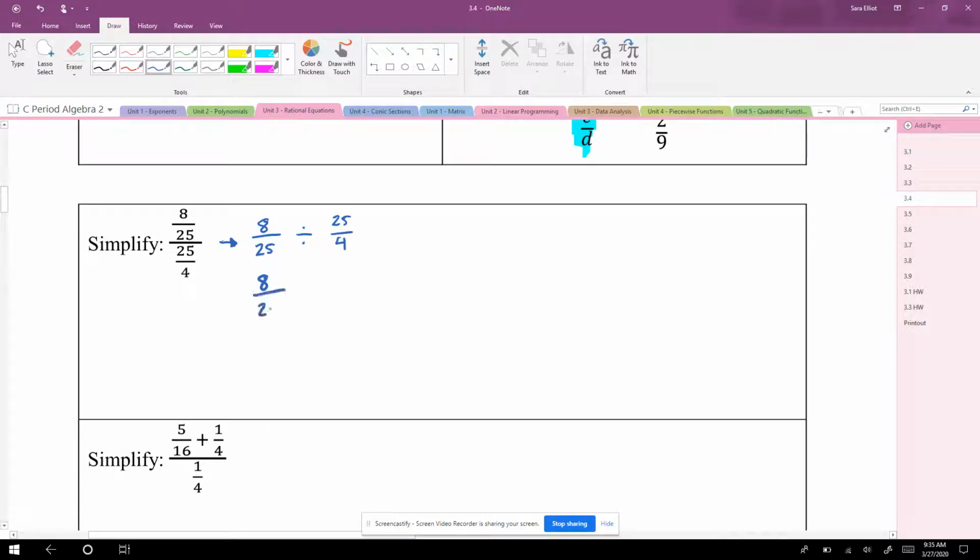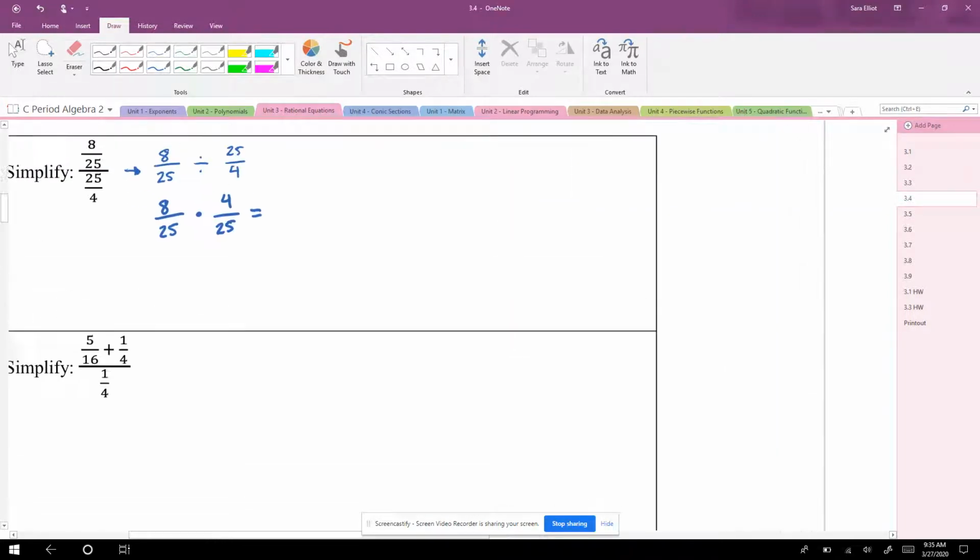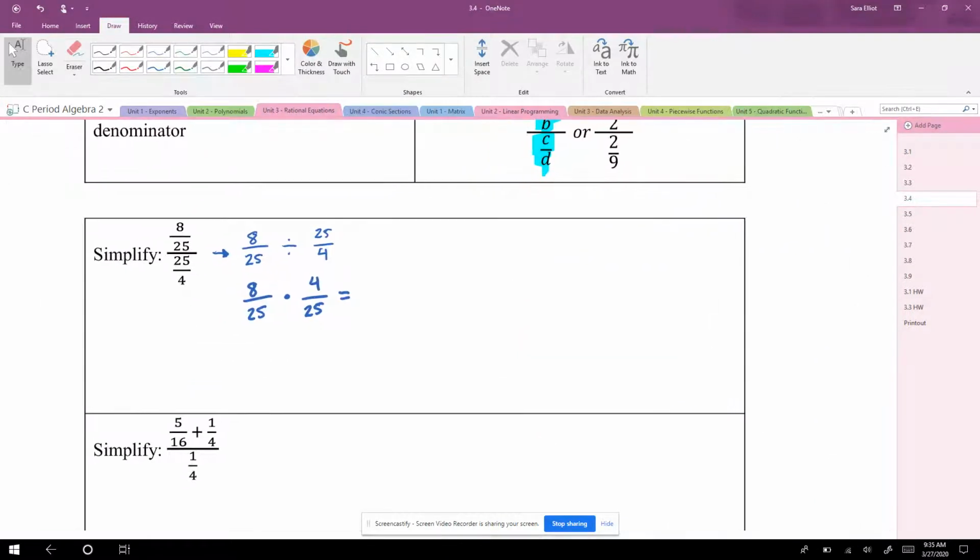So 8 over 25 times the reciprocal here, which would be 4 over 25. So now we just multiply here. Oops, sorry. 8 times 4 is 32, and 25 times 25 is 625.